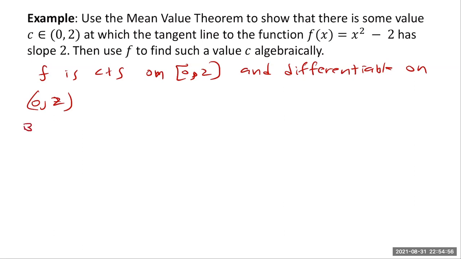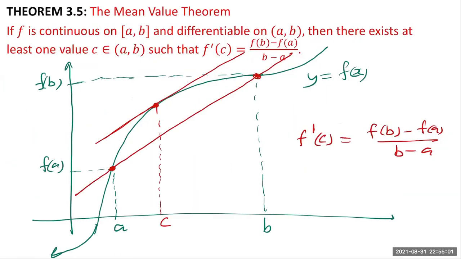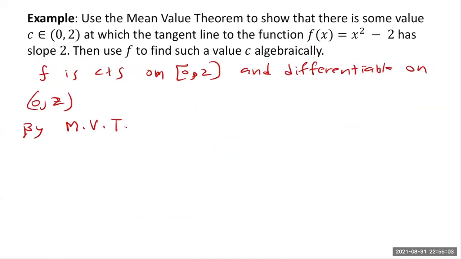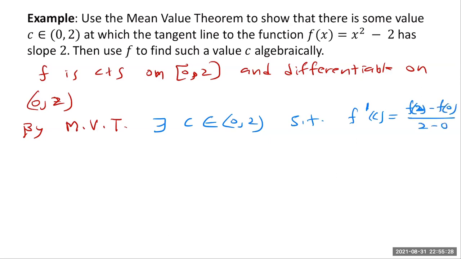By the mean value theorem, there exists c in the open interval 0, 2 such that f prime of c is equal to f of 2 minus f of 0 divided by 2 minus 0.